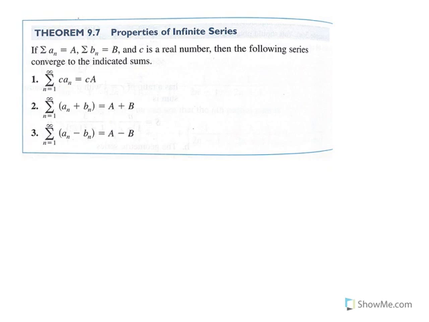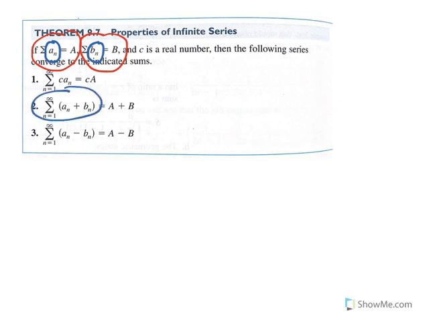In numbers 2 and 3, the only difference between them is that in number 2, you're adding the two convergent series from the hypothesis. So you're taking the nth term of the first series and adding it to the corresponding nth term of the second series to form a new series.